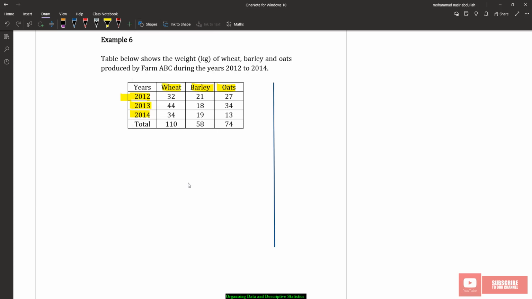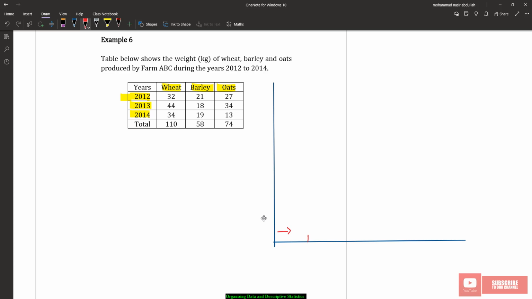Add one more. Oops, I made a mistake. One moment. Okay. Right. So now the component or stack bar chart is the same as a simple bar chart. The first bar should always have some space.